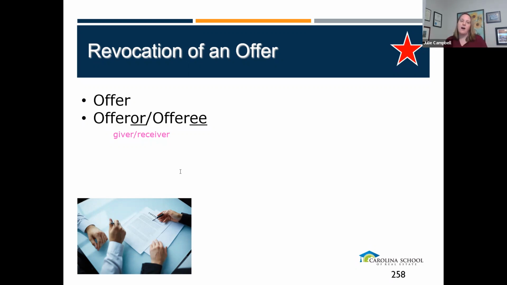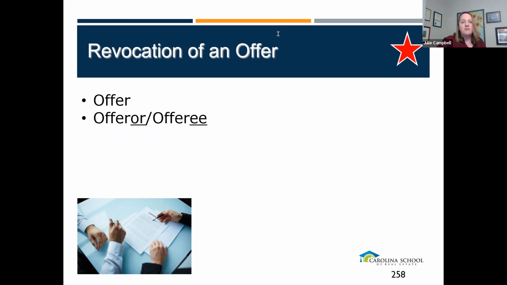The majority of the time, the buyer's making the offer to the seller. 98.5% of the time, the buyer's making the offer to the seller. But there are times that the seller makes the first offer to the buyer. So the offeror is the giver of the offer. The offeree is the receivee of the offer. Please don't hear buyer and seller. Offeror, offeree. Everybody with me?